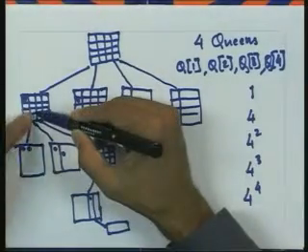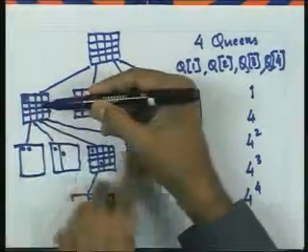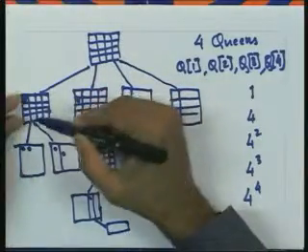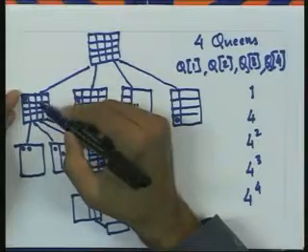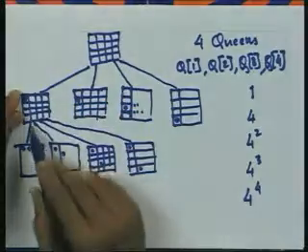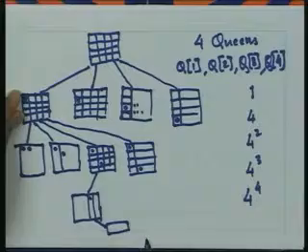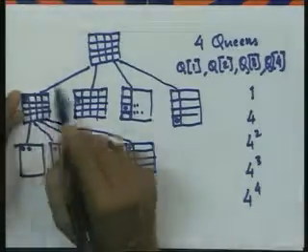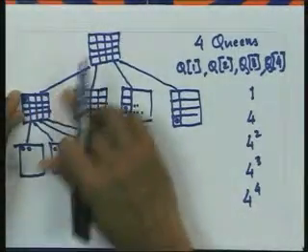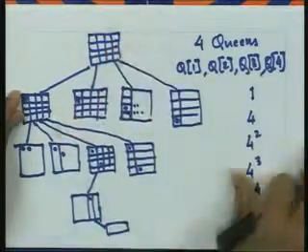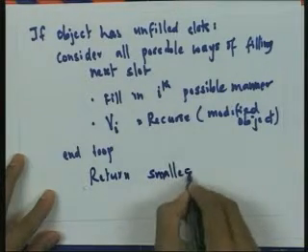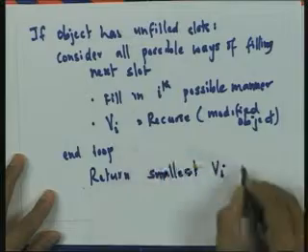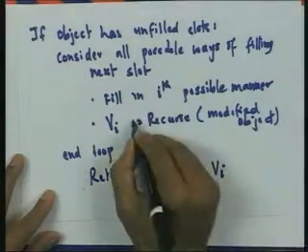Starting at this, we will be visiting this, this, this, and this, and we are going to associate with this node a cost function, which is the value of the smallest cost function found anywhere over here. That way, we can return that, and eventually we will make sure that the smallest cost gets returned to the top. So here we are going to be returning the smallest v sub i calculated above.